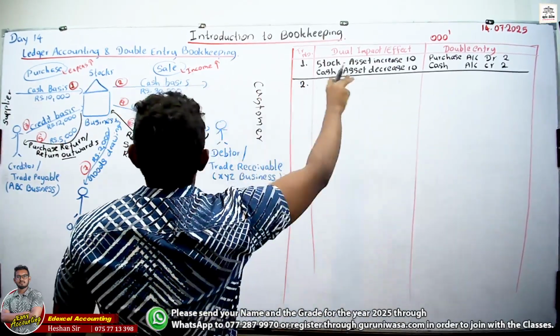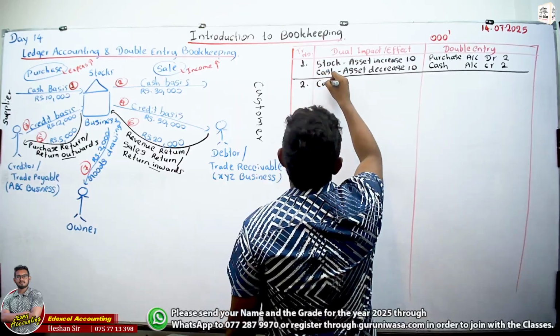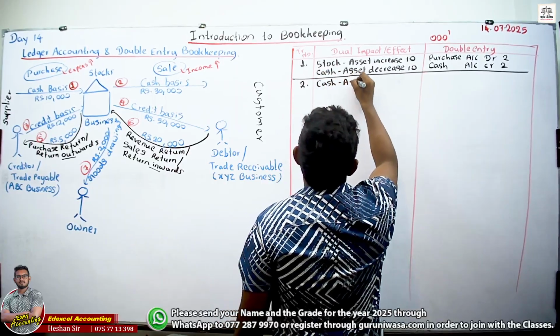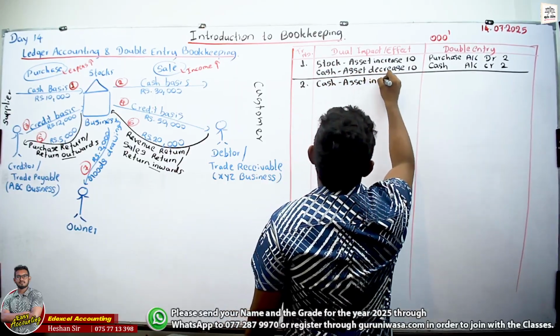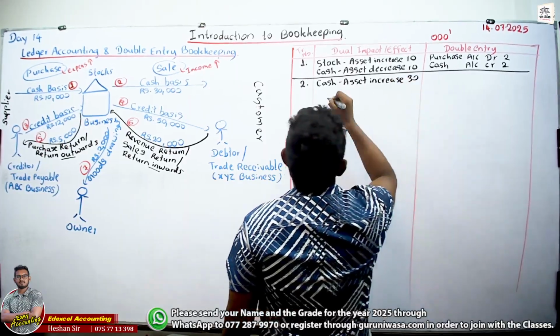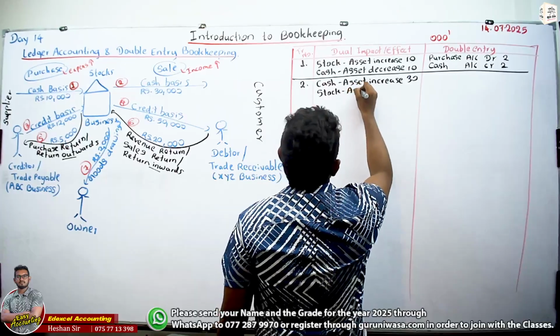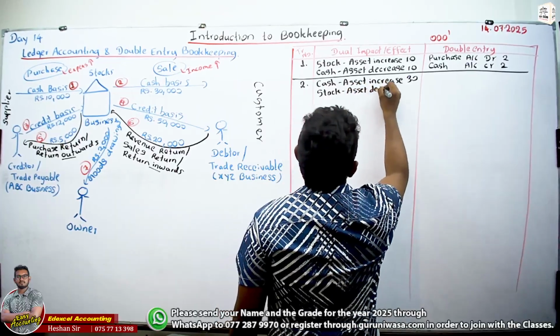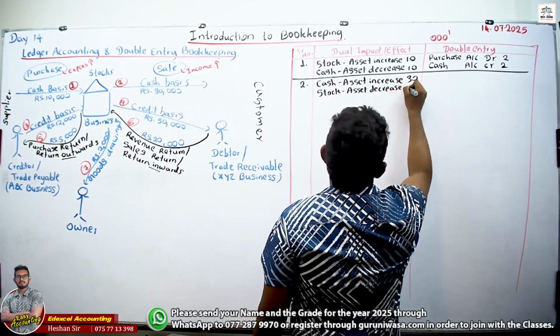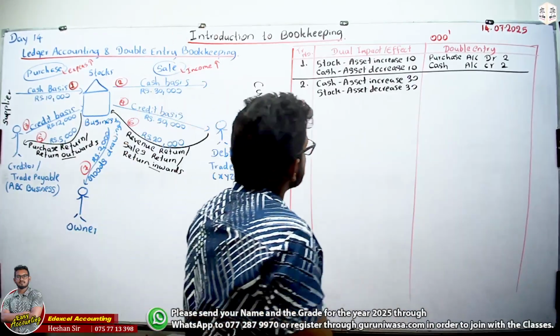Number 2. Cash sale of goods to customers. So, cash asset increase, rupees 30,000. Stock asset decrease. Why? When we give stocks, our stock asset decreases. But I told you sales is an income increase.